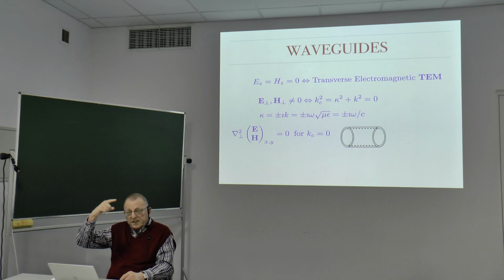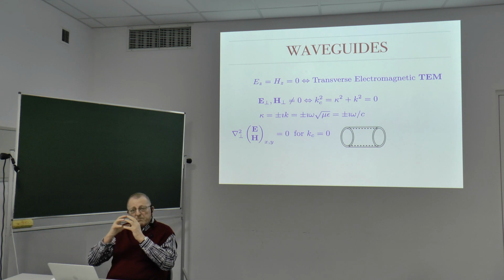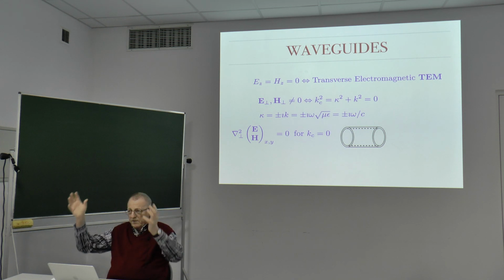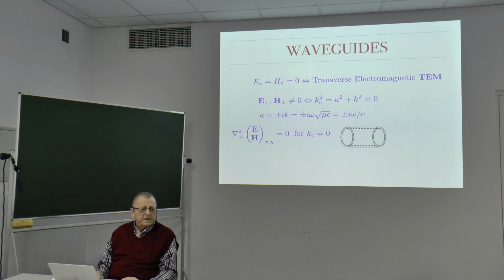But since the surface of the waveguide is equipotential, the electric field vanishes on the surface. And the Laplace equation has a unique solution. And if it vanishes on the boundary, it vanishes everywhere. So if I have a waveguide which is empty inside, it only has a wall, then the electric field and the magnetic field vanish. So there is nothing propagating.